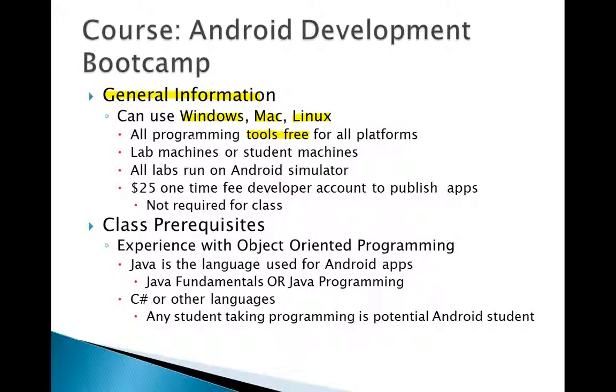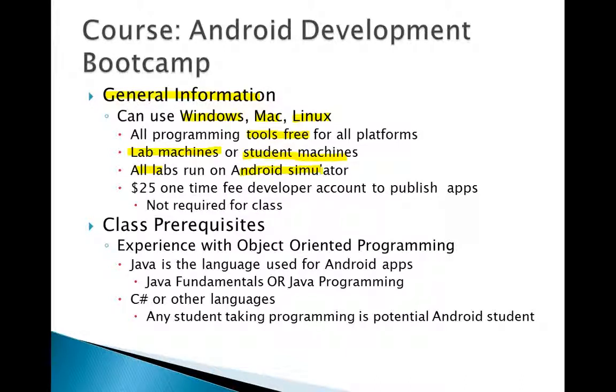In our class we actually have lab machines that you can log in and use, or if you'd like to just download all the tools on your own computer, you could use your own computer to do all the exercises. Now we don't ask you to even buy an Android device, so all the labs in class run on the Android simulator, very similar to the iPhone simulator.